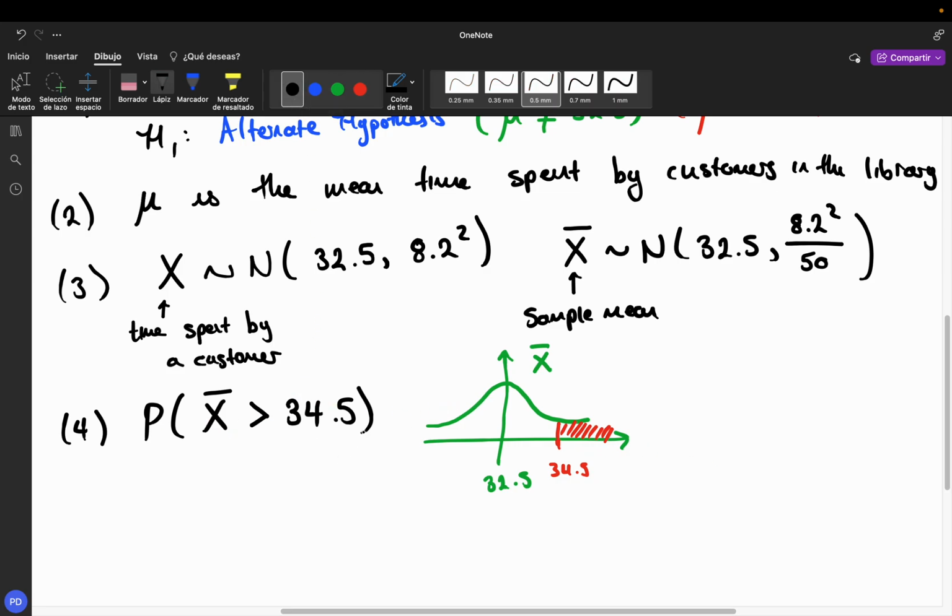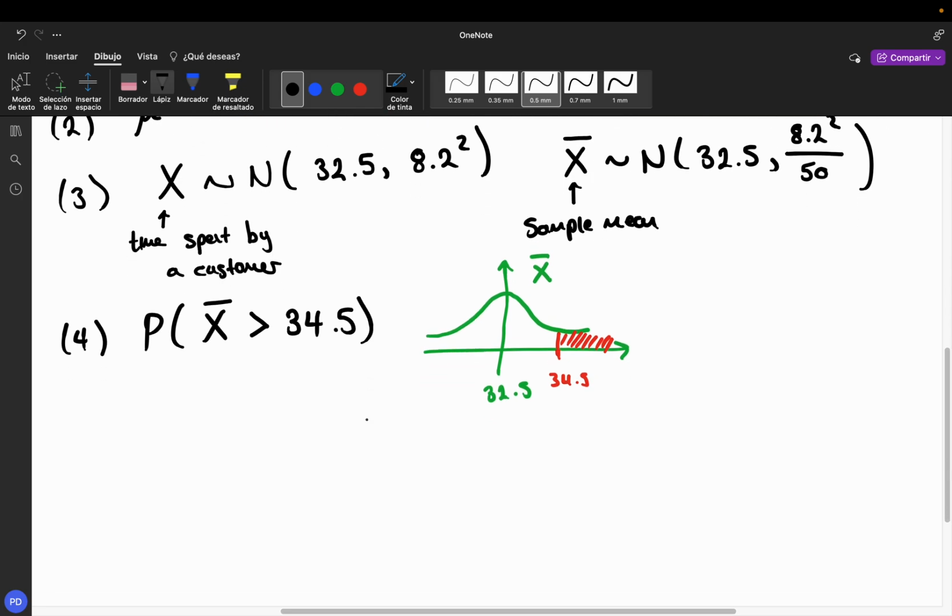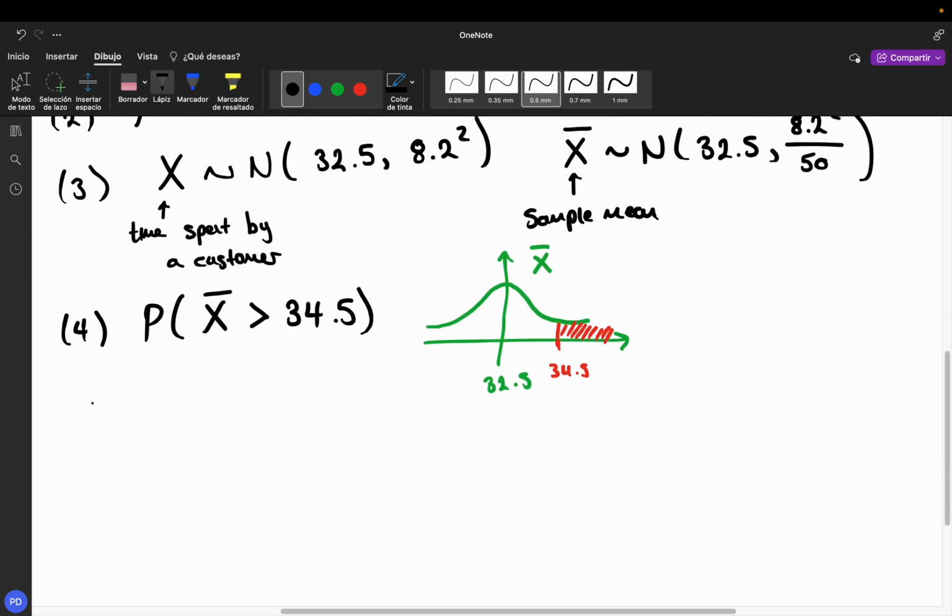Okay, now when you get to this stage, it's not that difficult. We're going to plug in, and I'm going to write exactly what I'm plugging into the calculator. So we're going to go menu, and we're going to go into whatever distribution you've got for a normal distribution. Okay. And for our lower, we're going to plug in 34.5. Our upper, you could just put a load of 9s.